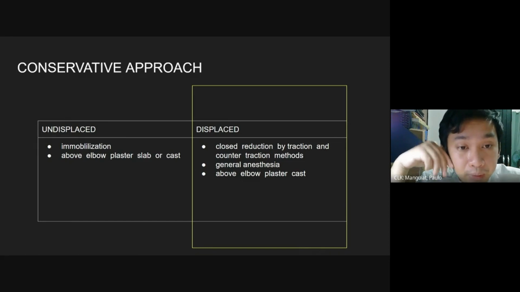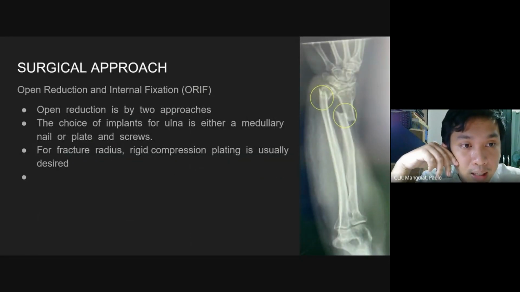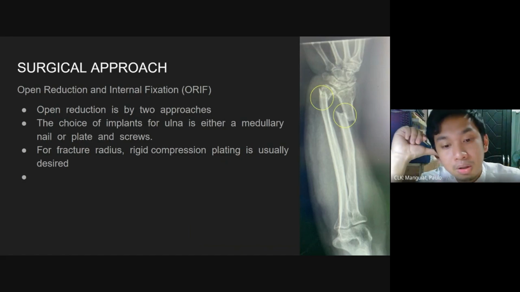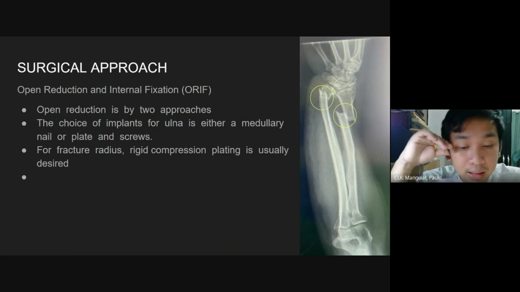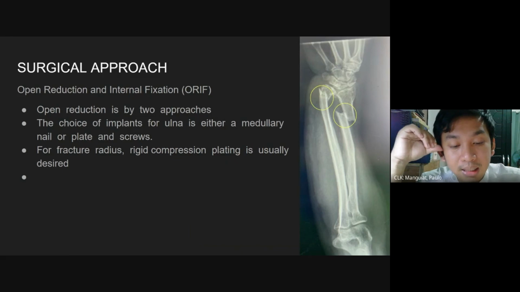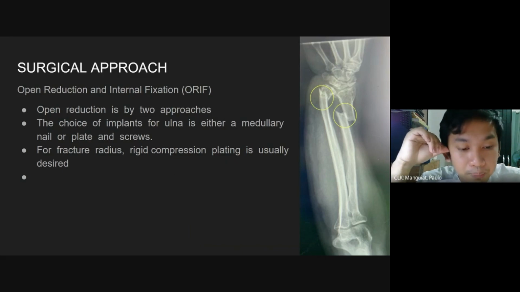Next slide po. For the surgical approach, we can use open reduction and internal fixation, or ORIF. In adults, ORIF is often indicated because it is difficult to regain length, position, axial and normal rotational alignment in adults by closed reduction.